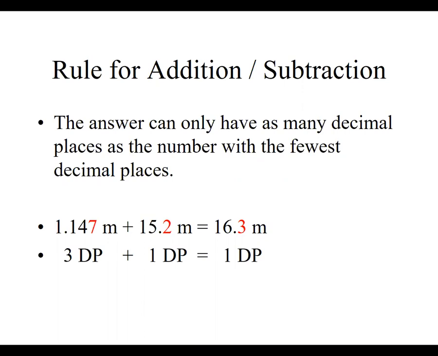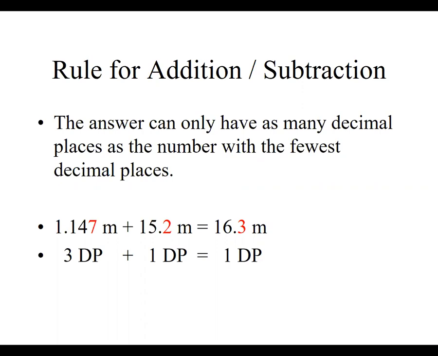So we can't expect to resolve the answer to any better than 1/10 of a meter because our least precise measurement was only given to 1/10 of a meter. So we have 3 decimal places and 1 decimal place, and therefore our answer can only be known to 1 decimal place.